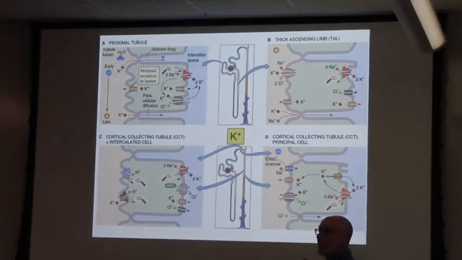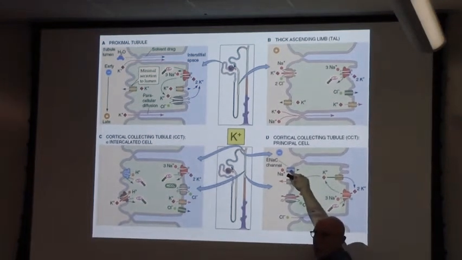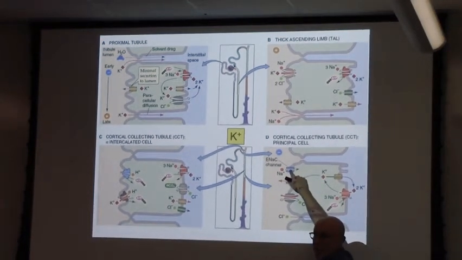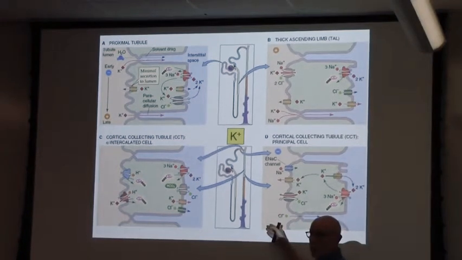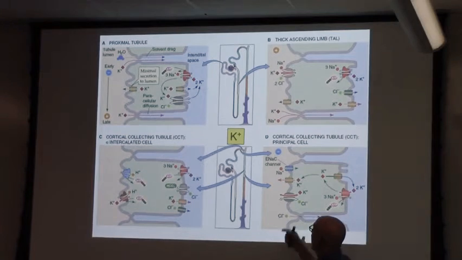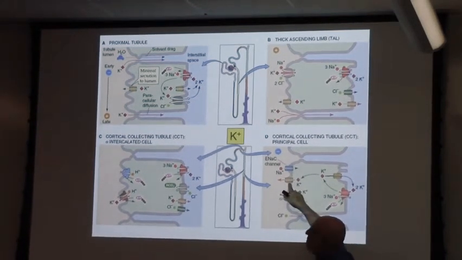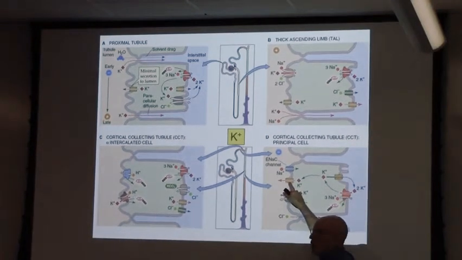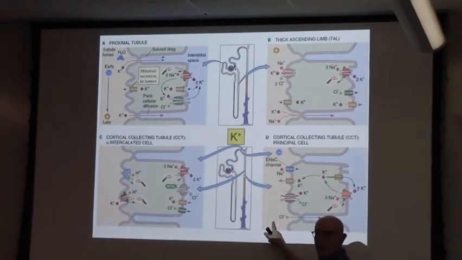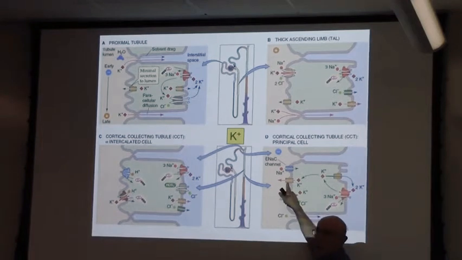Amiloride is a diuretic because it blocks sodium reabsorption here. So more sodium in the urine, diuresis. Blocking this blocks this exchange. So we have sodium excretion without potassium wasting.